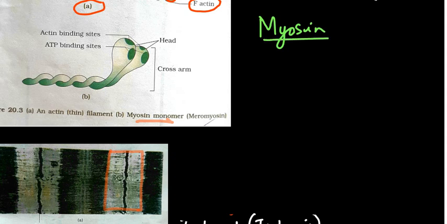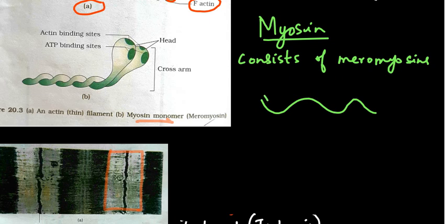Myosin consists of many monomeric proteins called meromyosin, meromyosins joined to each other.